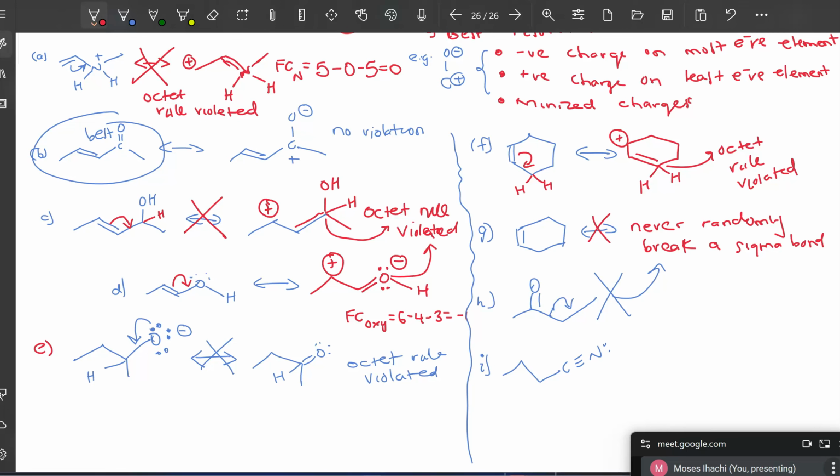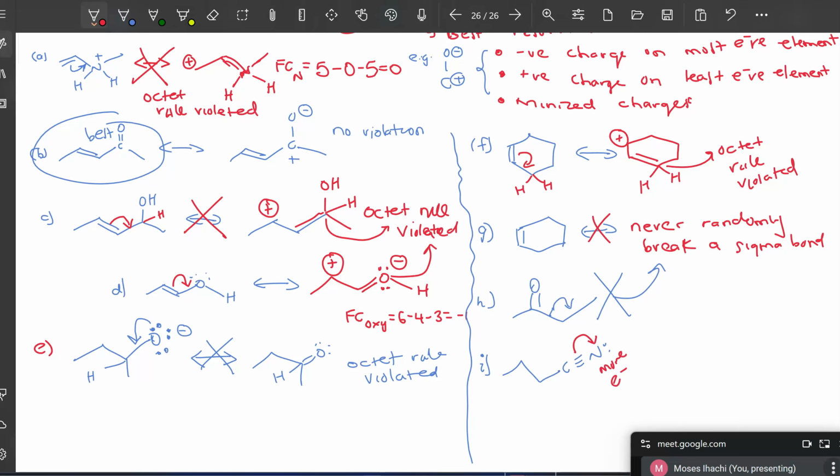Tell me if there's a violation or not. I would say no. There's no violation because you are going to the more electronegative.